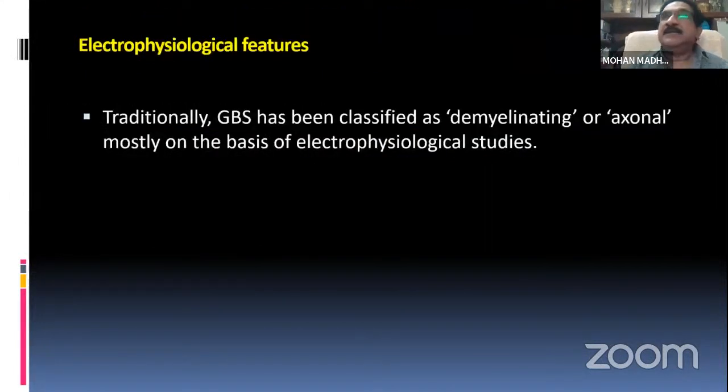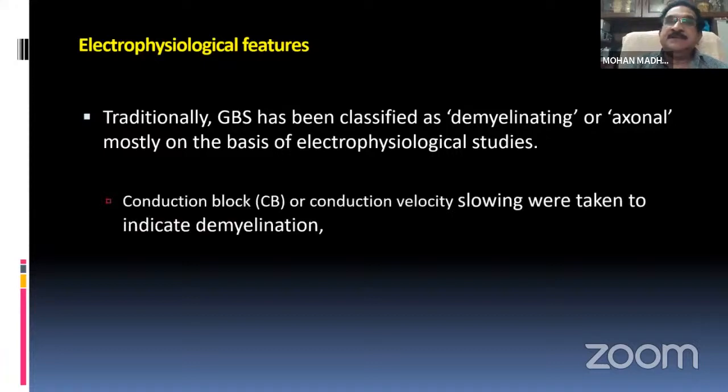Now coming to the electrophysiological features, this is the main part of my talk. Traditionally, as you all know, GBS has been classified as demyelinating or axonal, mostly on the basis of electrophysiological studies. The conduction block and conduction velocity slowing or the distal latency prolongation were taken to indicate demyelination.